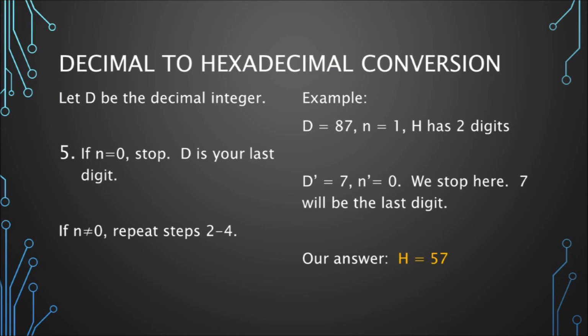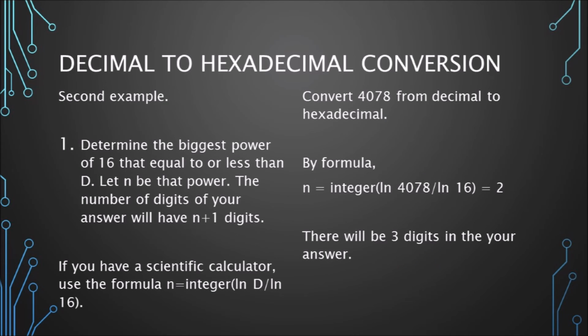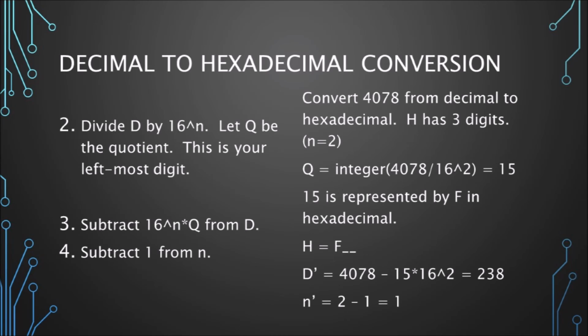Let's try another example. Convert 4078 from decimal to hexadecimal. Determine the number of digits. By dividing the logarithm of 4078 by the logarithm of 16 and taking that integer part, that result is 2. There will be 2 plus 1, or 3 digits in our answer. Using steps 2 through 4, we start with D equal to 4078 and n equal to 2.